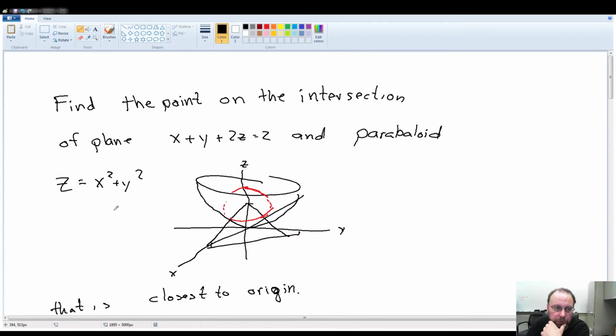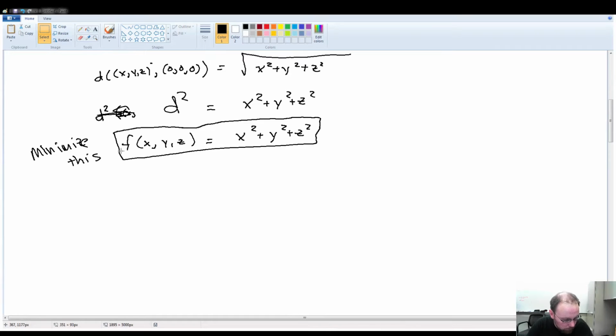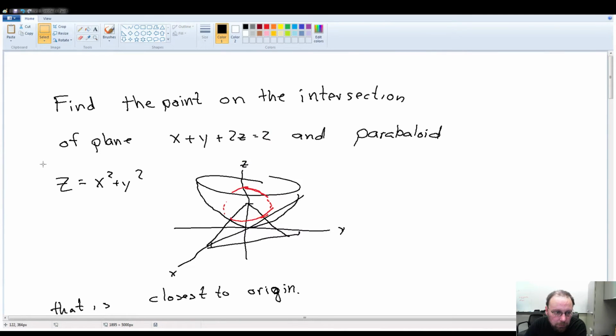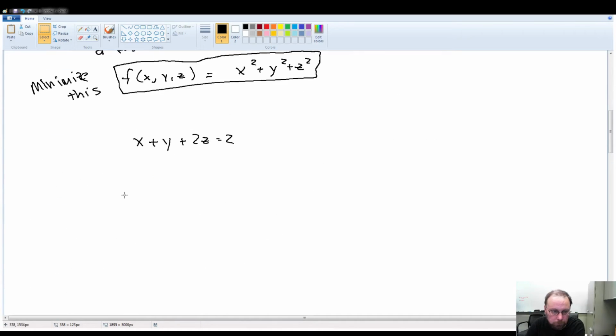Well, we're looking for points that are common to both the plane and the paraboloid. Okay, sorry, I was just copying. So this function here is subject to these constraints.